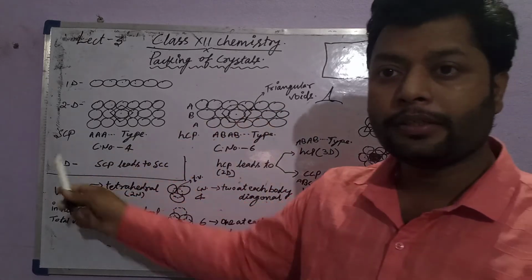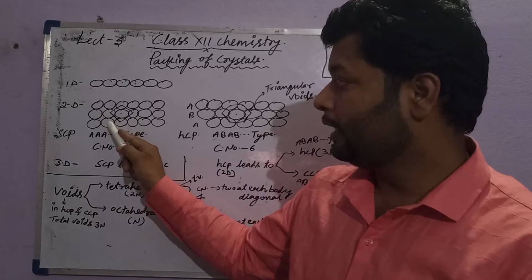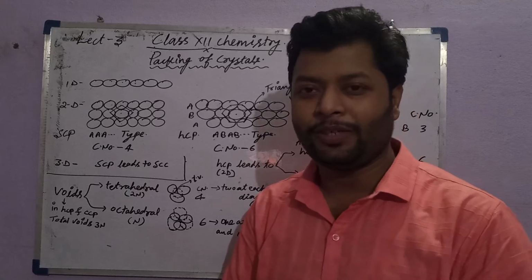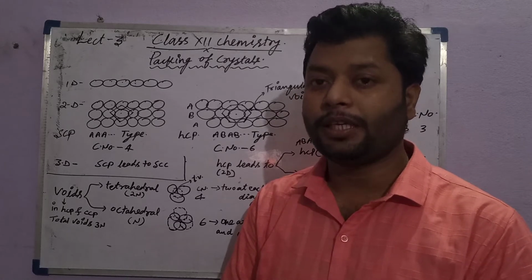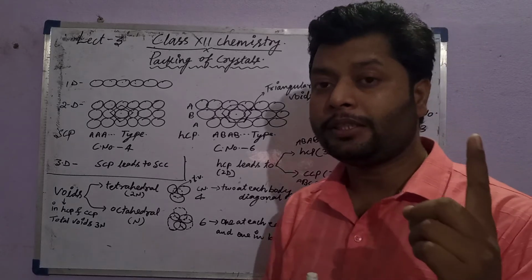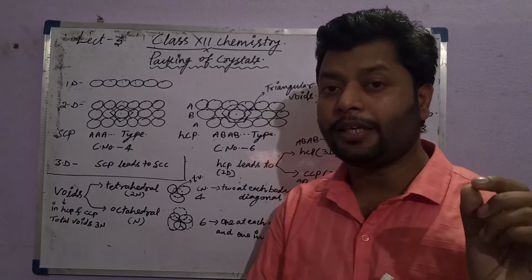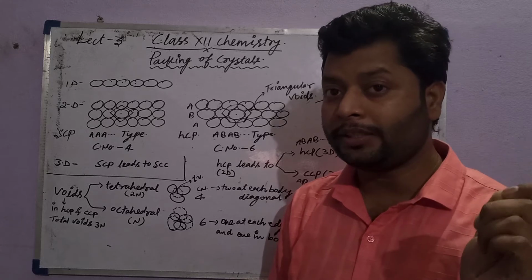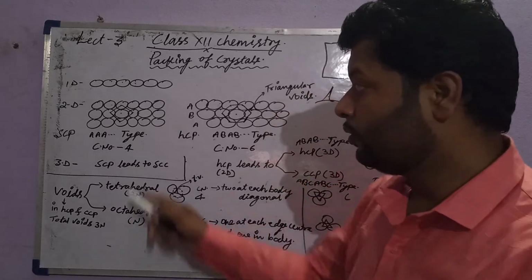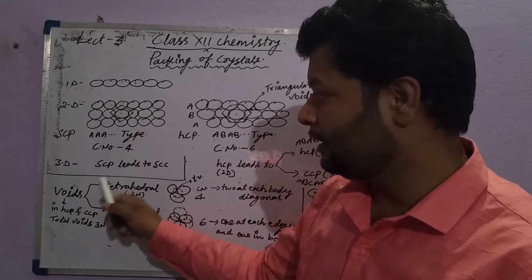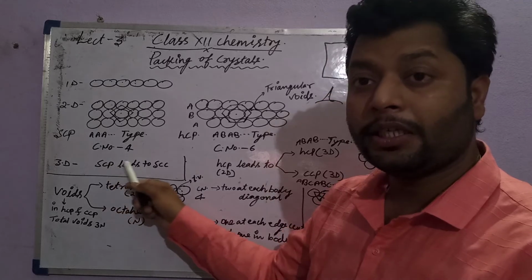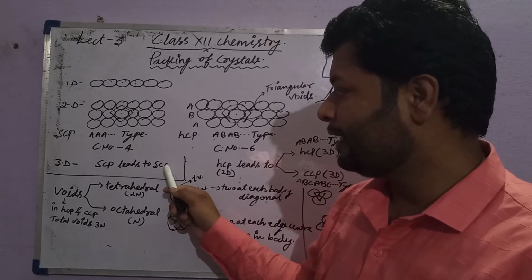Now in 3D, square close packing leads to a simple cubic unit cell, that is called SCC or PCC, the primitive cubic unit cell or simple unit cell, whose dimensions you already learned. So square close packing leads to the simple cubic cell.